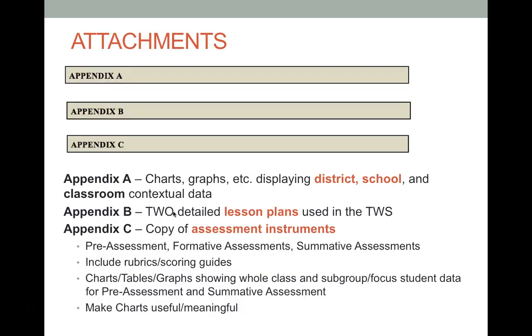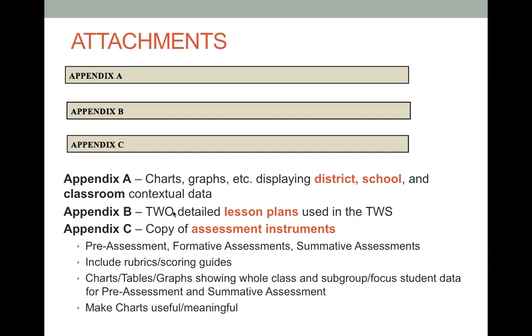You'll have 3 appendixes, and in A you will include different charts or graphs about your school or your district, or any classroom contextual data that you might want to display.